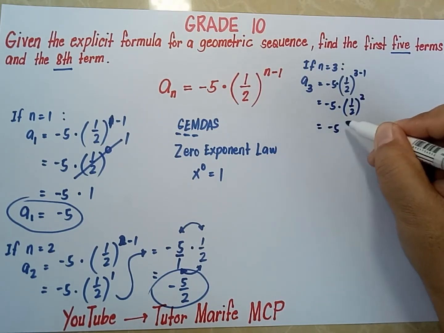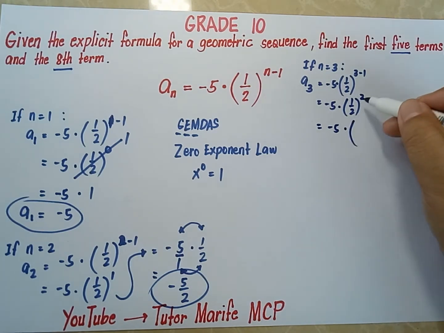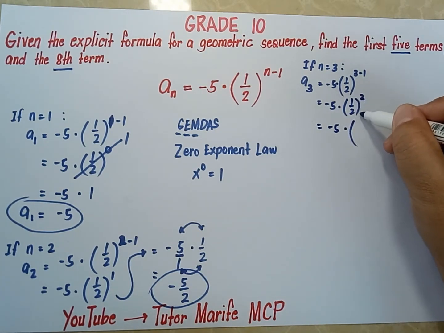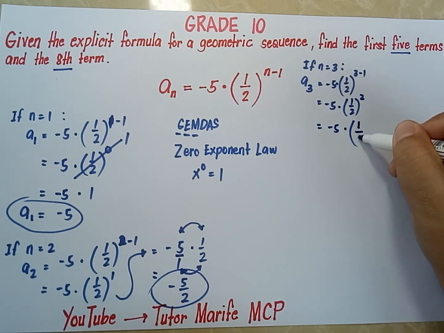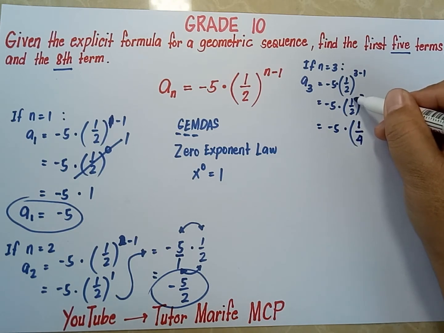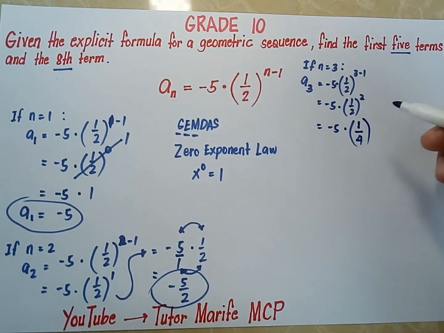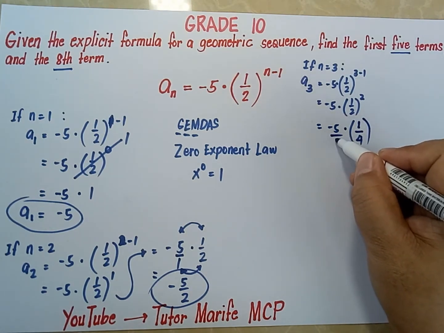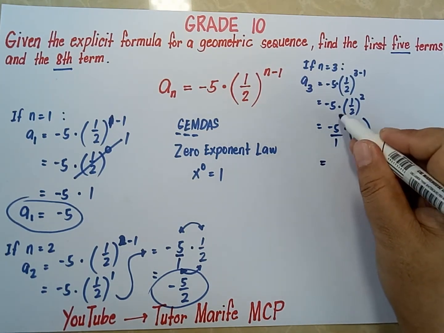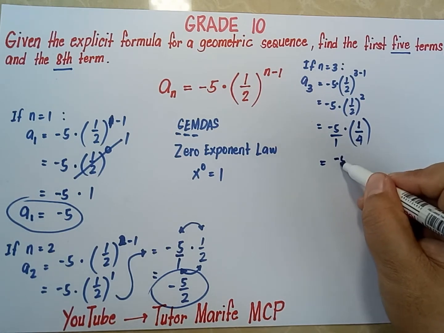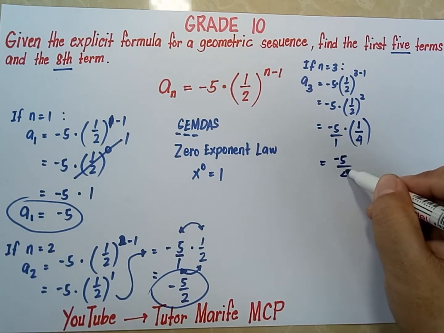Equals negative 5 times, what's 1/2 squared? You apply the exponent to both numerator and denominator. It's 1/4. 1 squared is 1. 2 squared is 4. This is also the same as over 1. Numerator times numerator is negative 5 over 4.